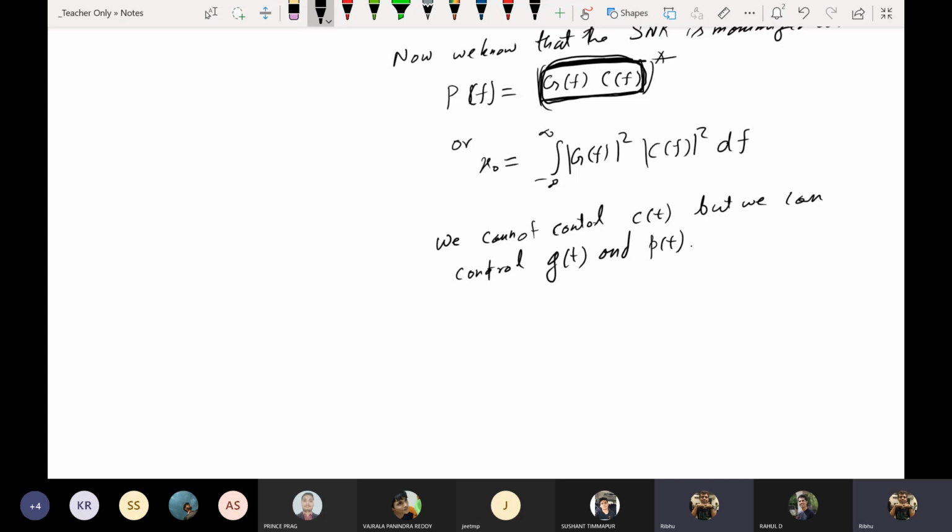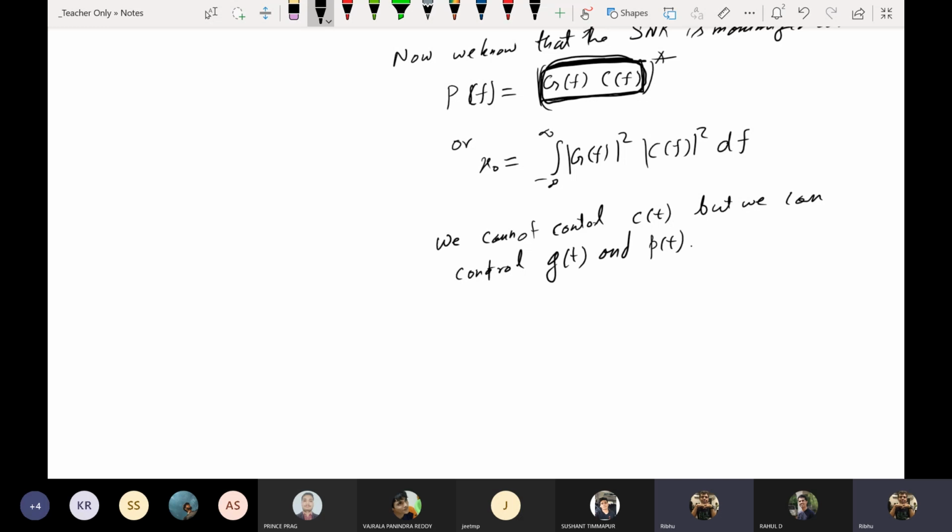This is what we discussed last time. So we have found out the answer for p(t). What should be p(t)? And now we'll talk about g(t).